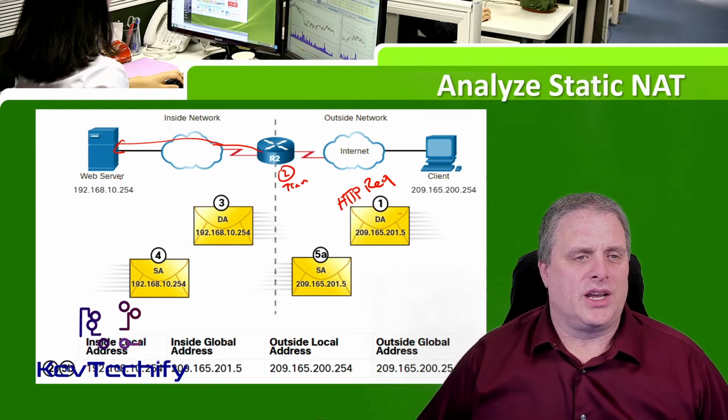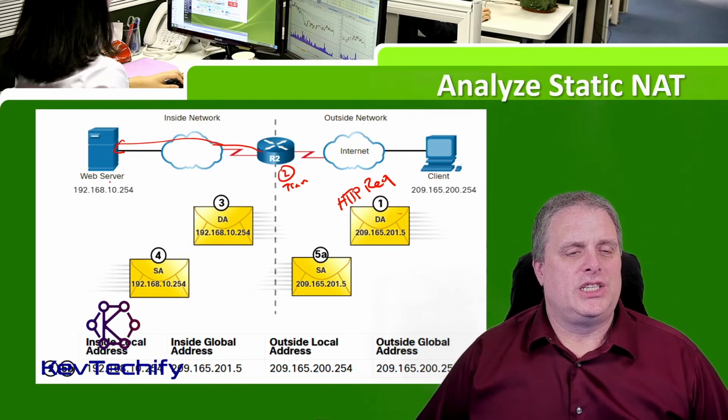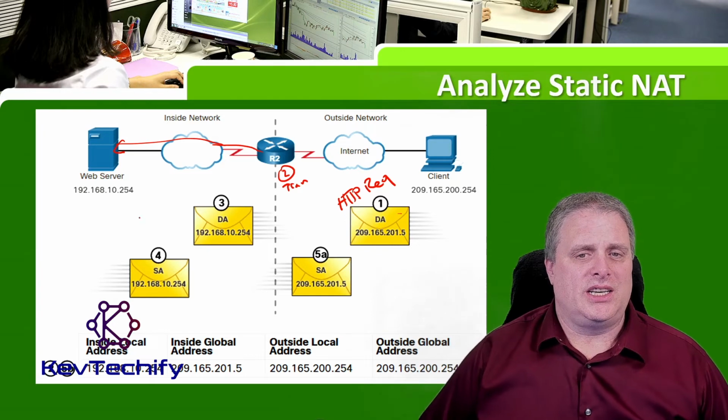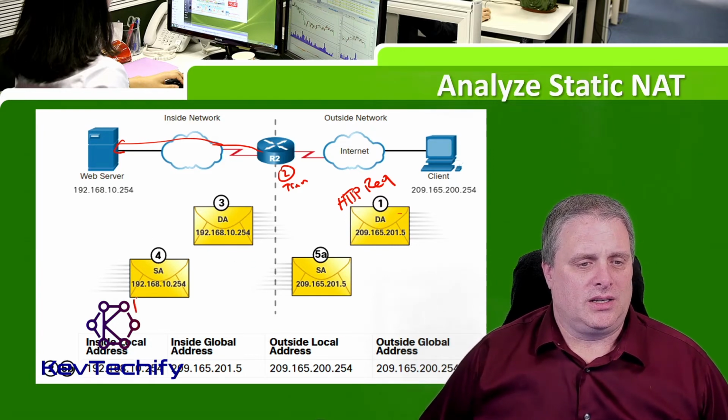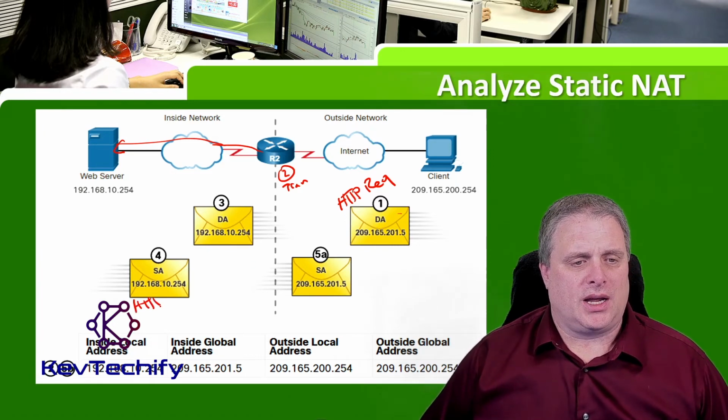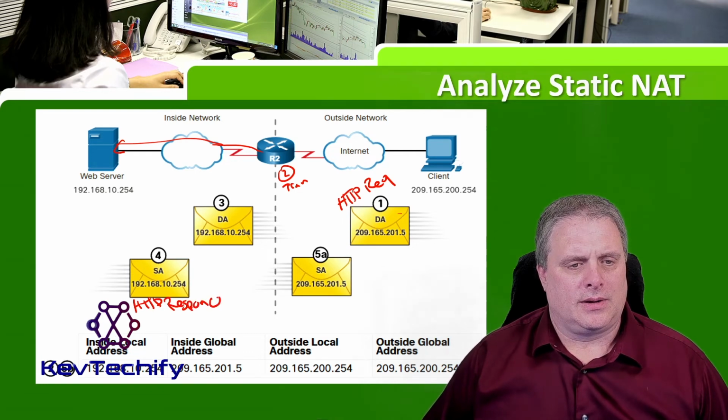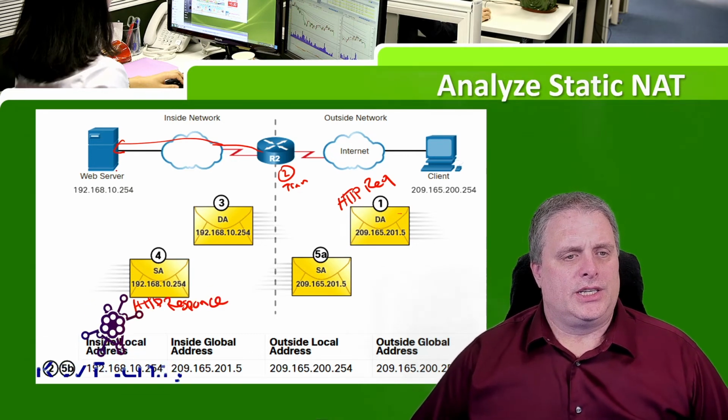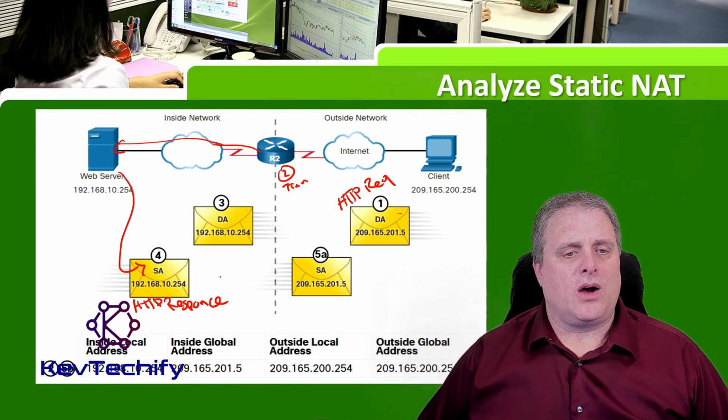After we did our translation, the web server then generates a response, an HTTP response here. So this is the HTTP response. It generates that. It comes out. It hits our router.